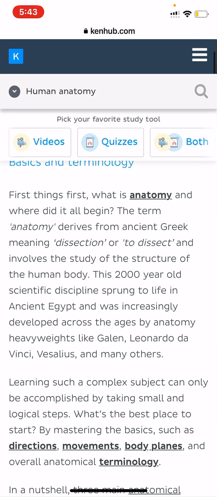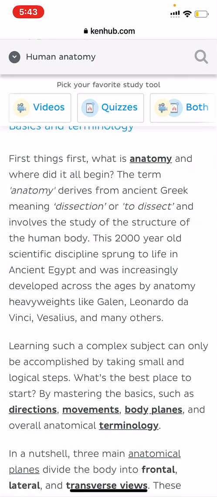This 2000-year-old scientific discipline sprung to life in ancient Egypt and was increasingly developed across the ages by anatomy heavyweights like Galen, Leonardo da Vinci, Vesalius, and many others.